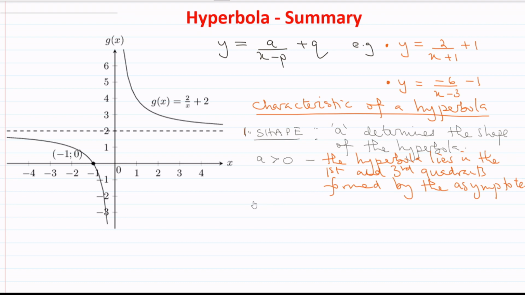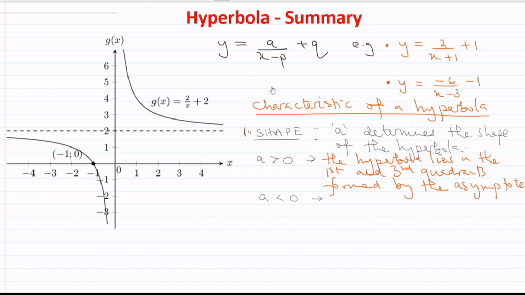Okay. Then secondly, when our a is negative, less than 0, which means any number that is less than 0, like the second equation that we have used here, our a is negative 6, so it means our a is negative. What does that mean?